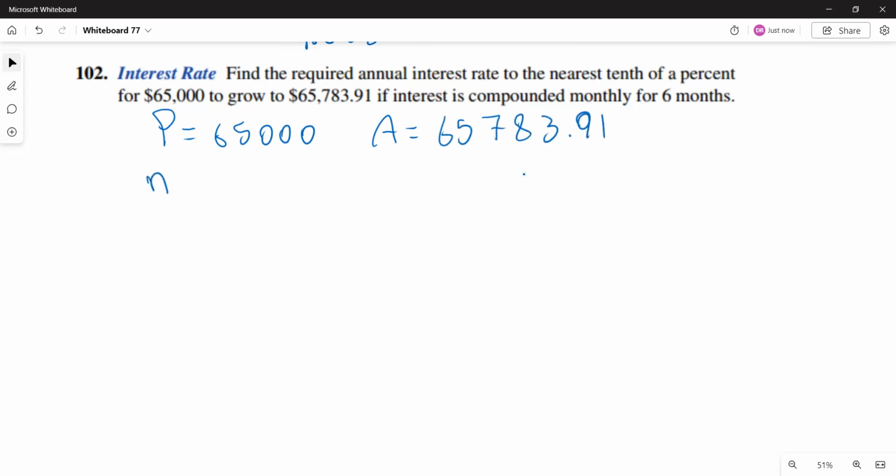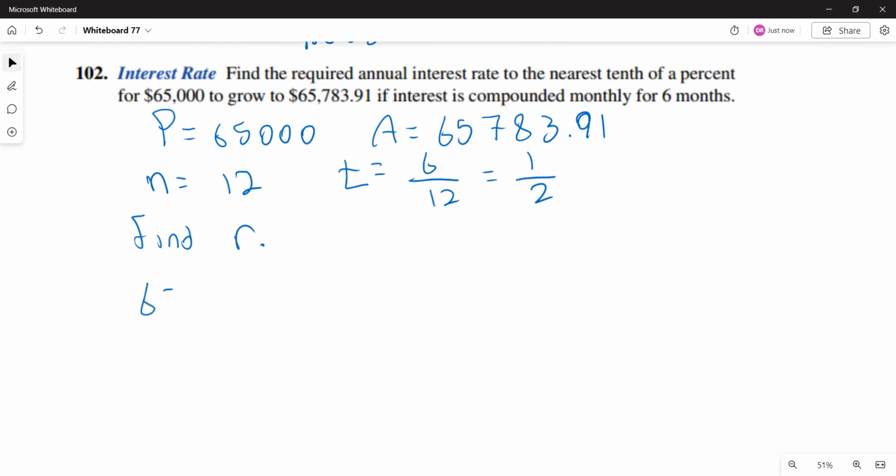We know that the interest is compounded monthly, so n is 12. And 6 months is half a year, so that's 6 out of 12 months. And we need to find the interest rate. We're going to obtain the interest rate as a decimal. We need to write this as a percent. The final answer must be a percent.